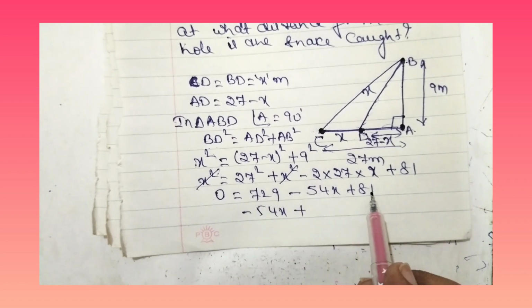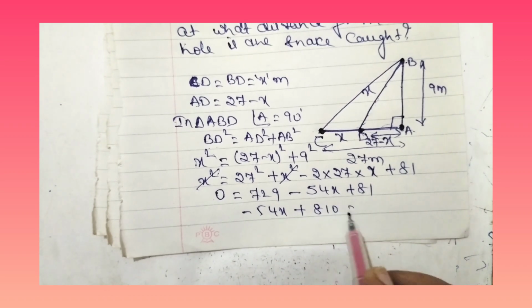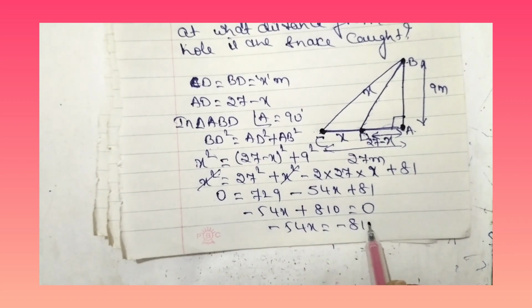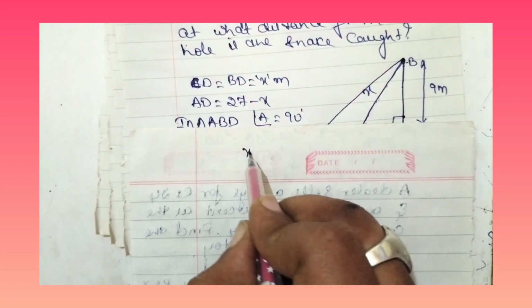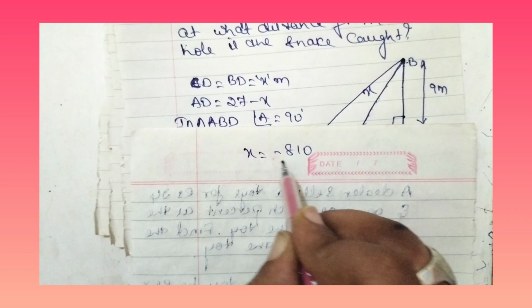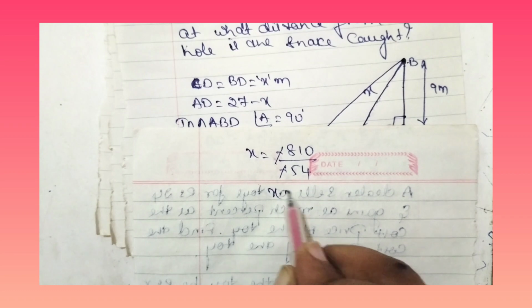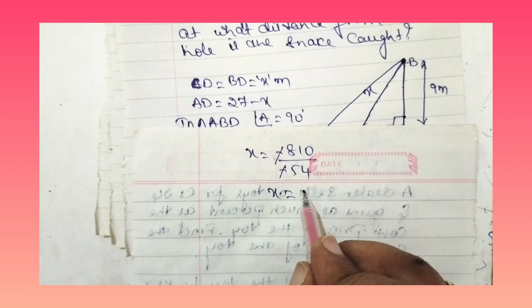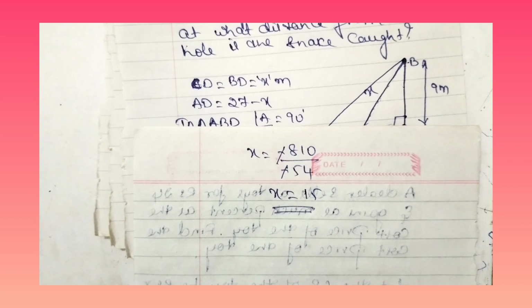So 729 plus 81, it will be equal to 810, which is equal to 0 minus 54x is equal to minus 810. So now let us continue this one. So x is equal to minus 810 divided by minus 54. Minus minus cancelled. So x is equal to 810 divided by 54. So we'll get x is equal to 15.